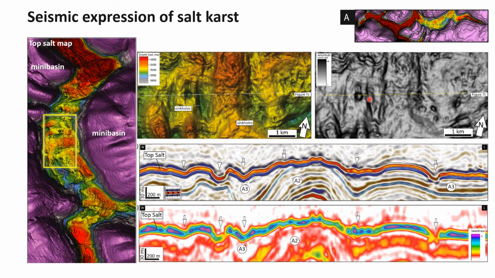Oval-shaped and circular depressions that we have interpreted as sinkholes are identified in highly rugose and rounded crests of salt walls. Here, the top salt overlies highly heterogeneous dipping and truncated intrasalt intervals.